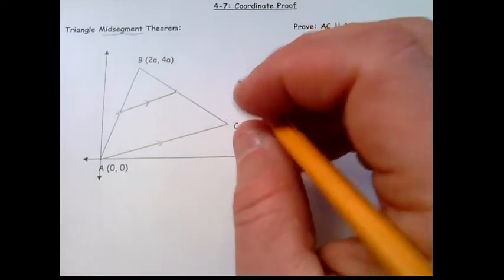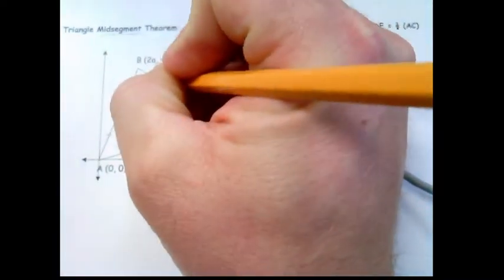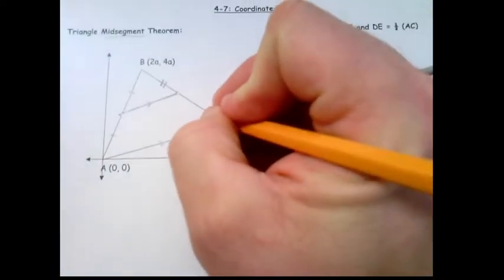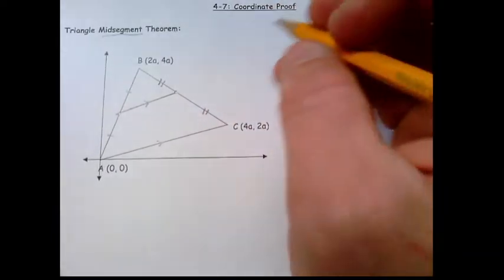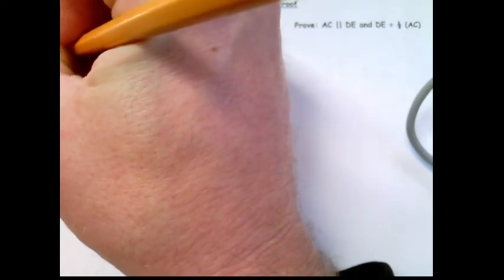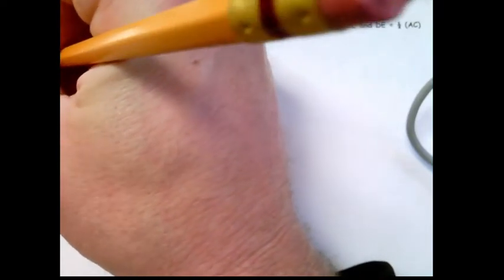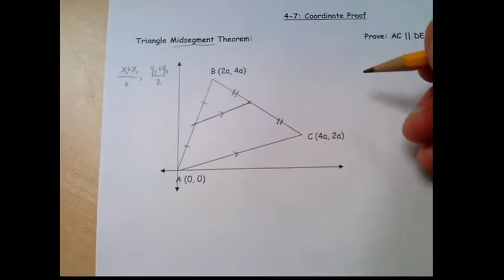So to get things started, let's identify what the midpoints of these two sides are going to be. If you remember, the midpoint formula, I'll write that over here, was x plus x over 2, and then y plus y over 2. So we have that formula right there.